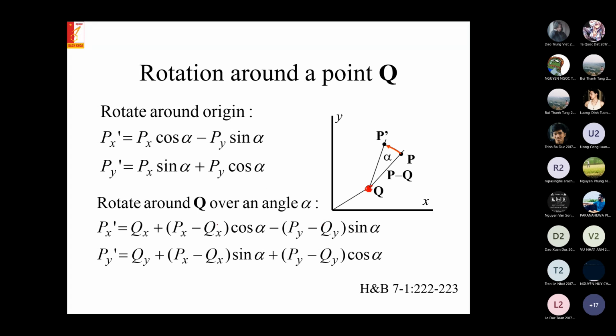The rotation is around Q over an angle of alpha. We determine the new position according to this new expression with the Qx and Qy, the coordinates of the Q.